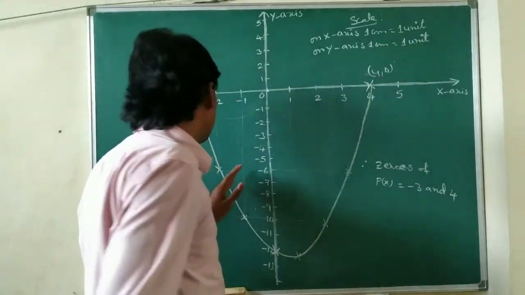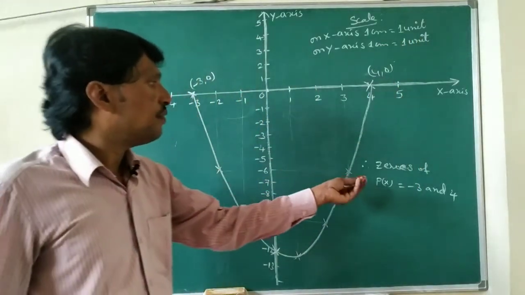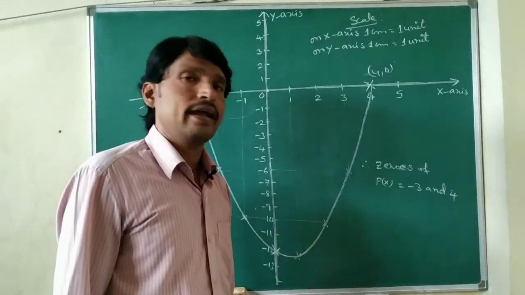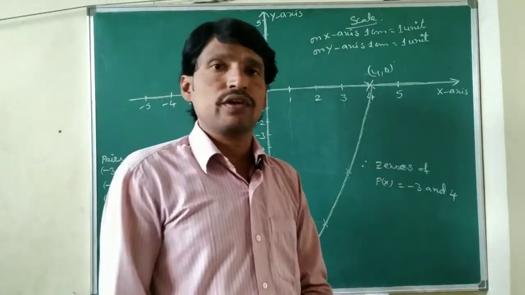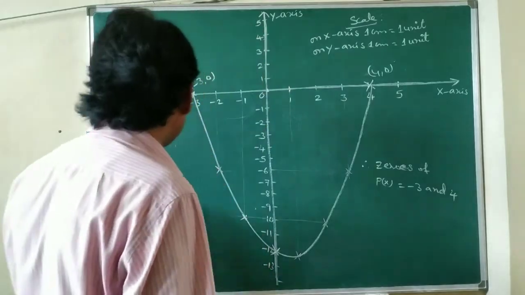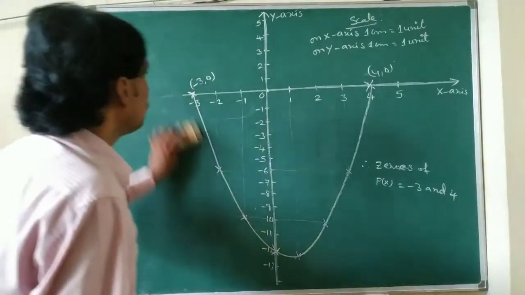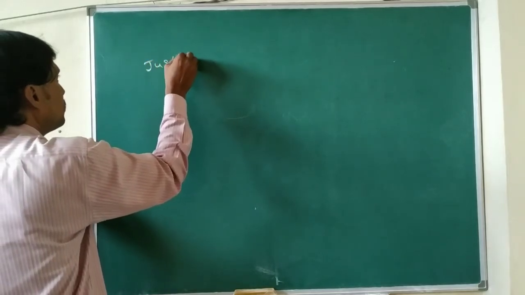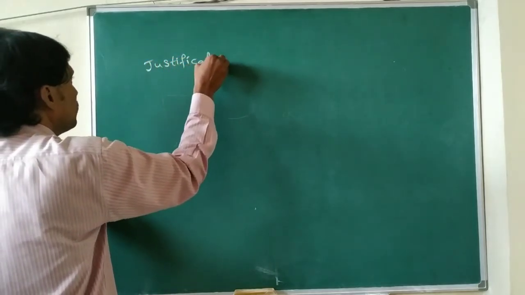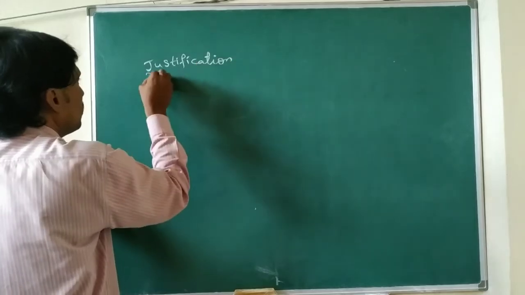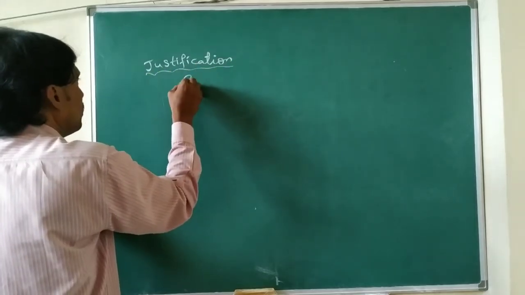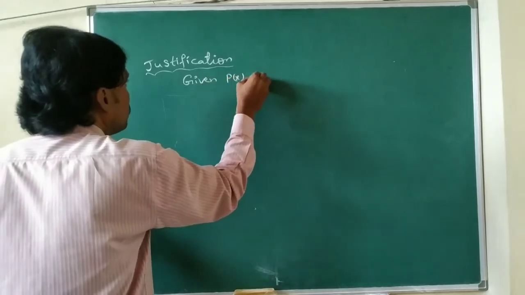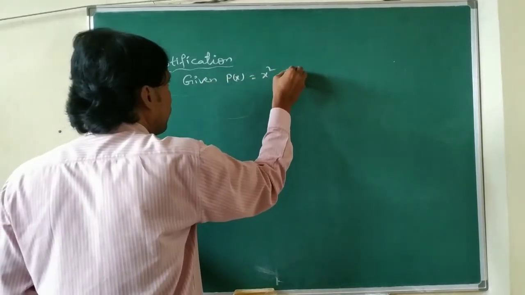So this is about the graph. From the graph we got the zeros of P of x: -3 and 4. The justification we can also see here. Justification: given P of x equals x square minus x minus 12.